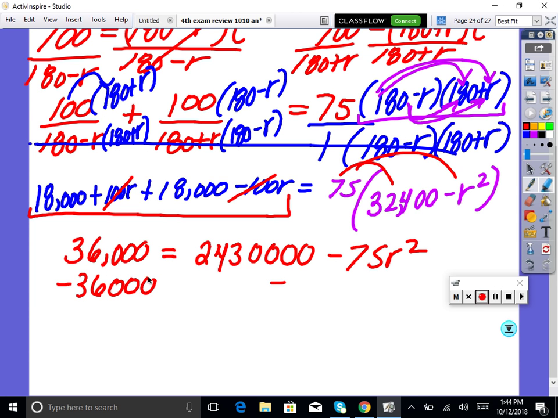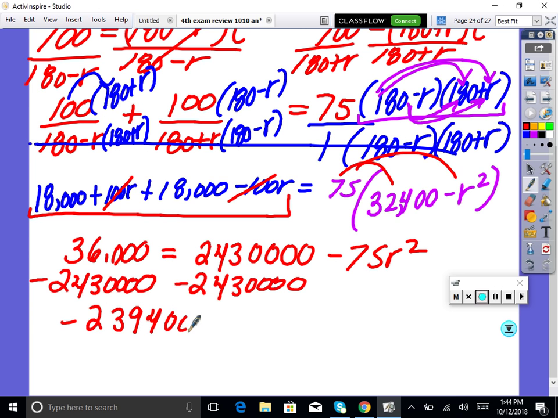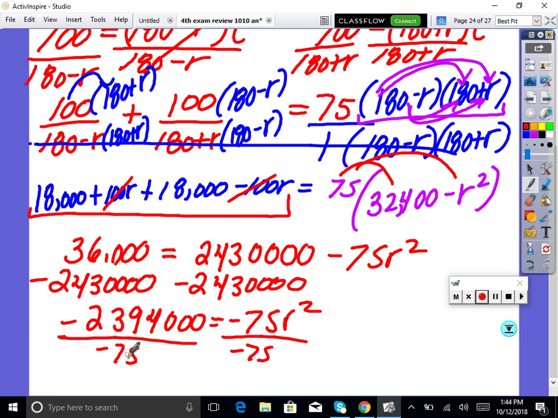There's no middle term, so I'm actually going to do this the easy way. Normally you'd have a quadratic that you would factor, but this one, the middle term canceled out. So I'm going to divide by negative 75. Then I get 31,920 equals r squared.